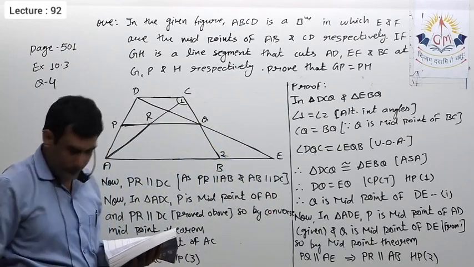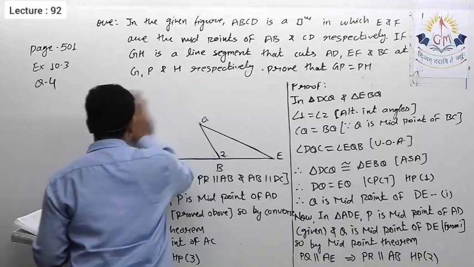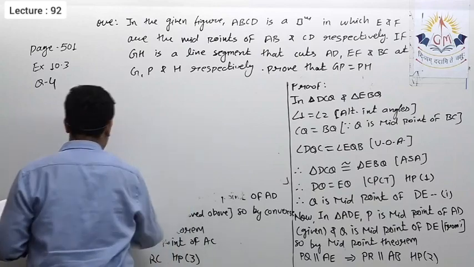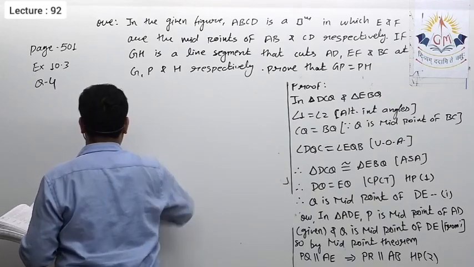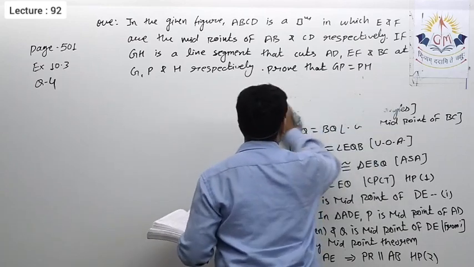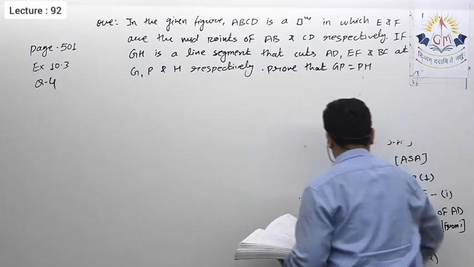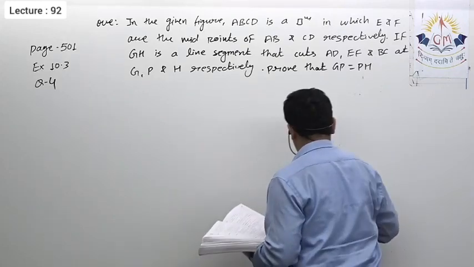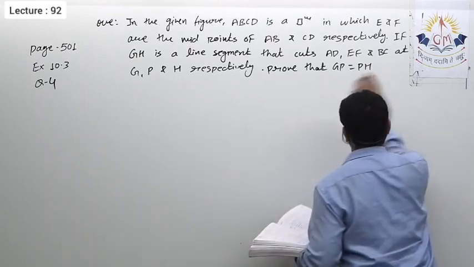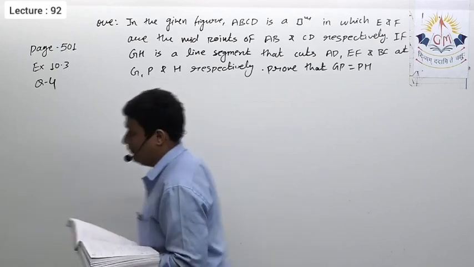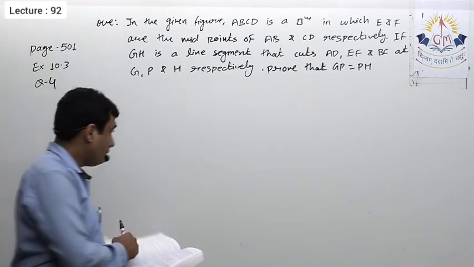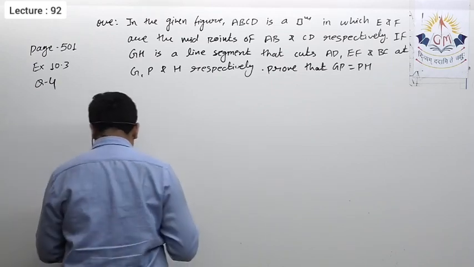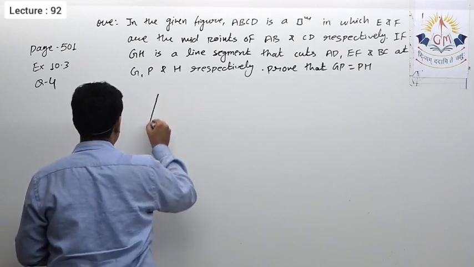Okay, so let us see. Its diagram is given. So ABCD is a parallelogram.